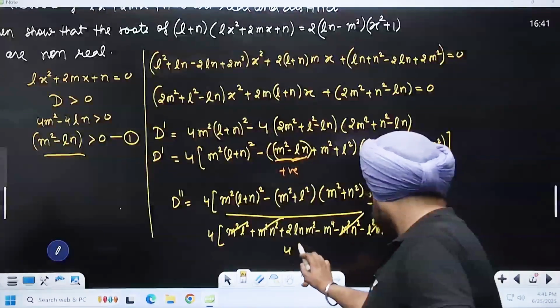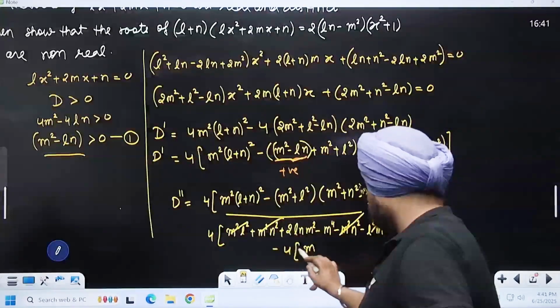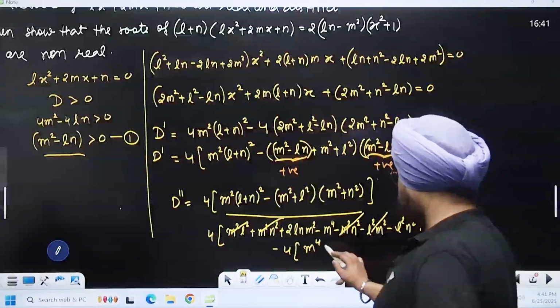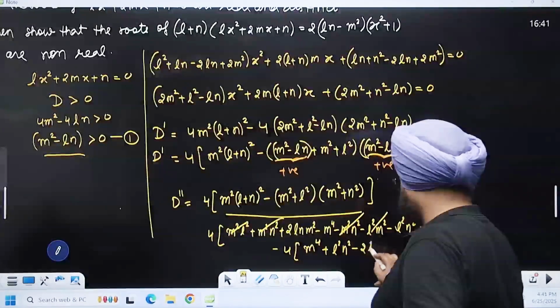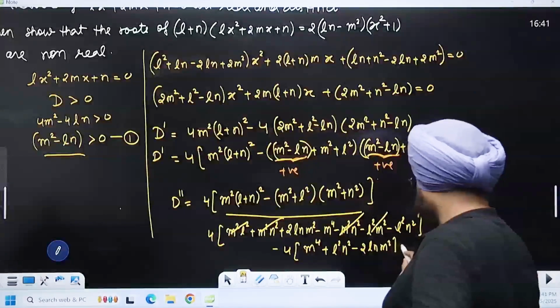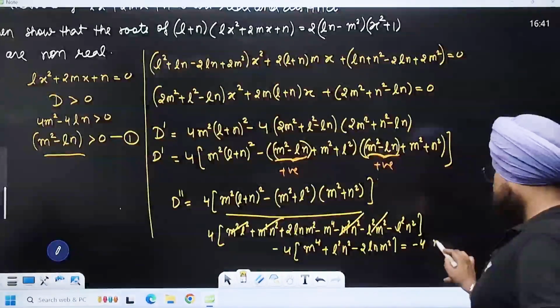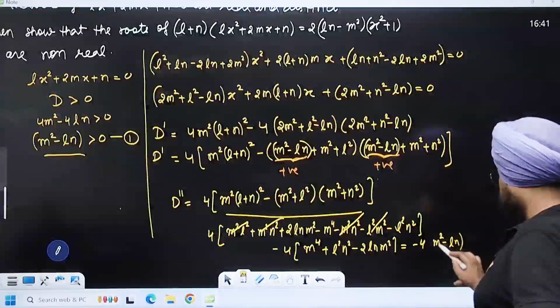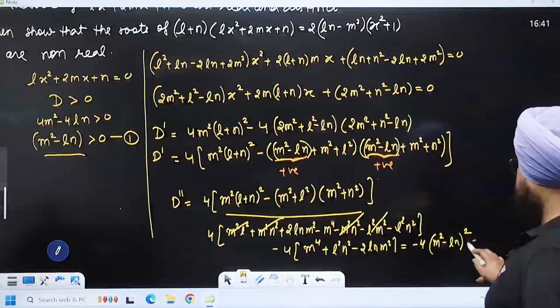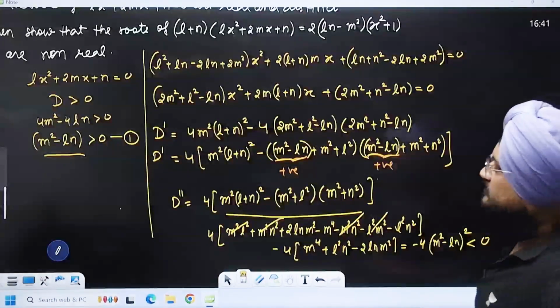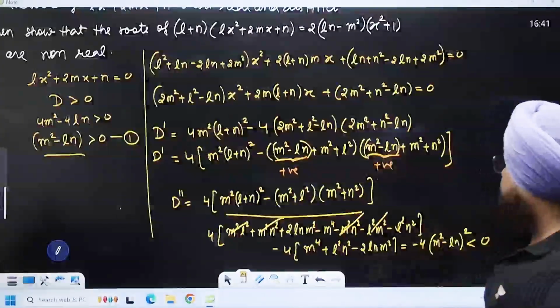This will become minus, if we take minus common, M power 4 plus L square N square minus 2 L N M square, which is nothing but M square minus LN whole square. So this is less than 0, M square minus LN whole square with the minus sign.